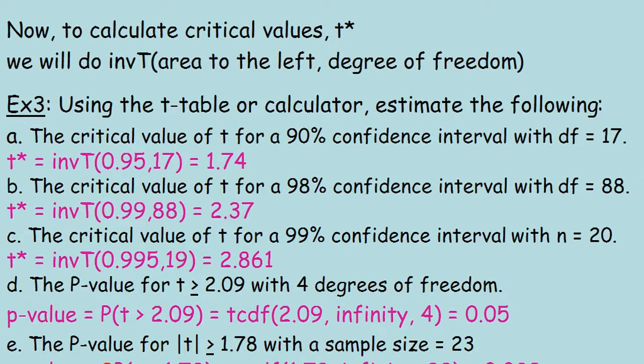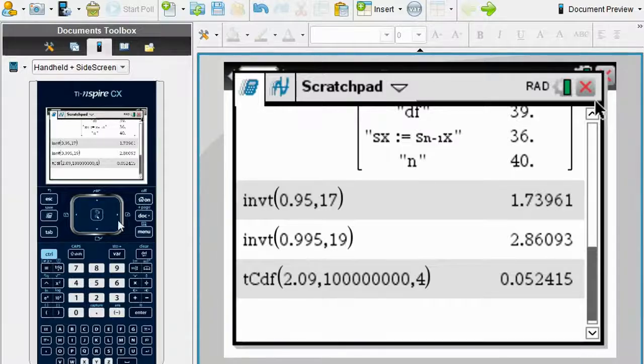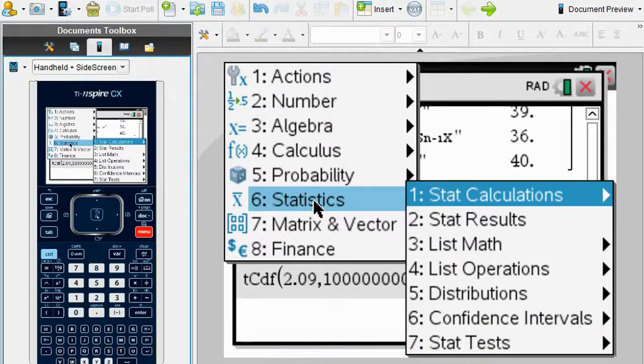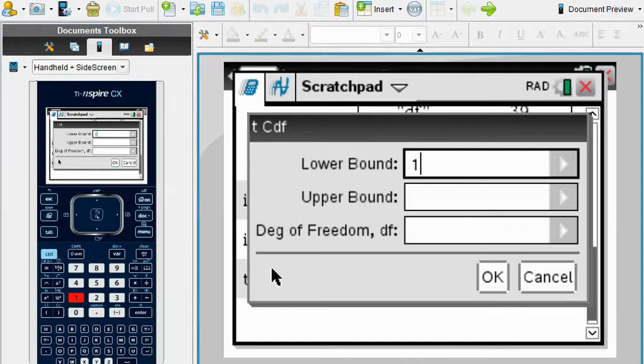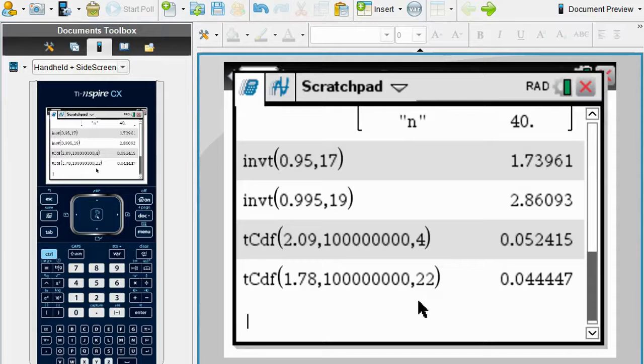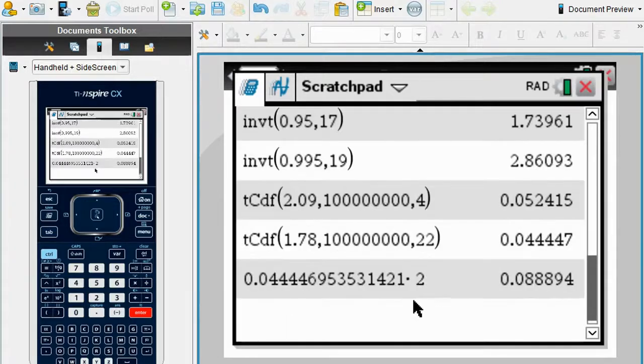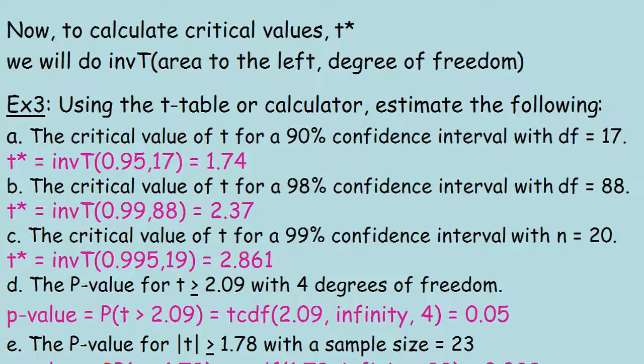Get your menu, probability, distributions, TCDF, 1.78 to infinity. This time the degrees of freedom should be 23 minus 1, so 22. Then make sure you multiply your answer by 2 because you have a two-sided. So that's how you get 0.089. Now go ahead and practice. Good luck.